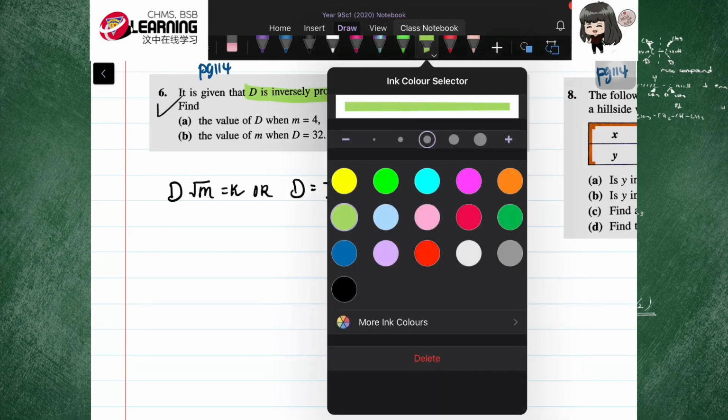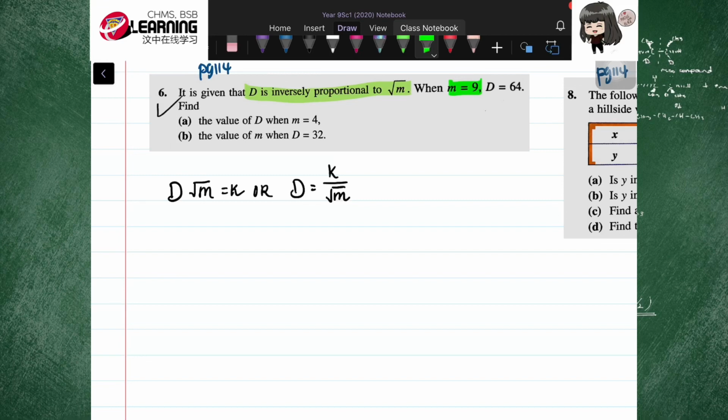So here the second sentence tells you M equals 9 and D equals 64. So from here you can find your K. You can substitute. I will substitute my 64 and 9. So D is 64 equals K over square root of M, M is 9.